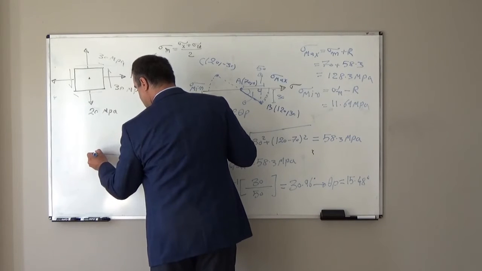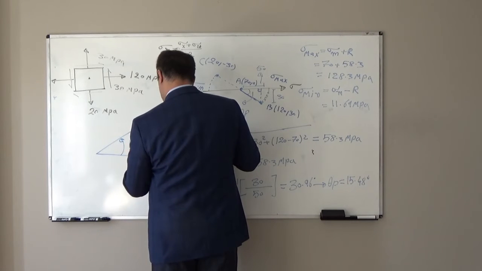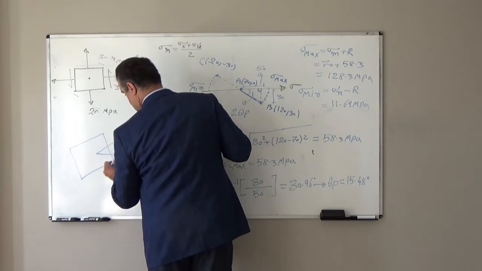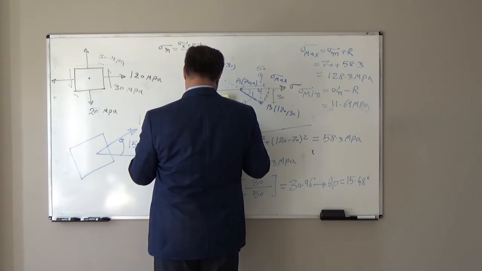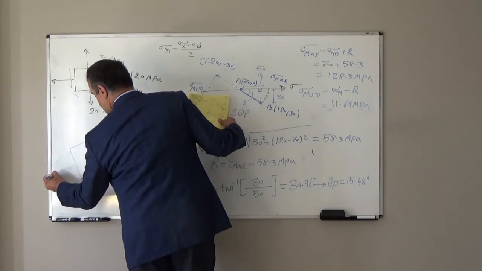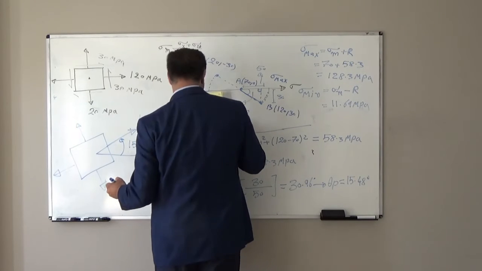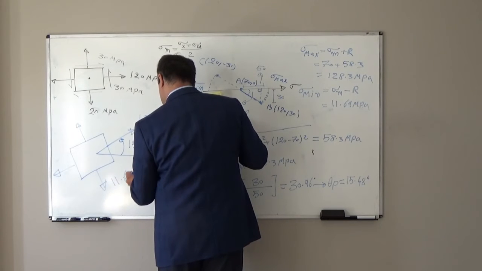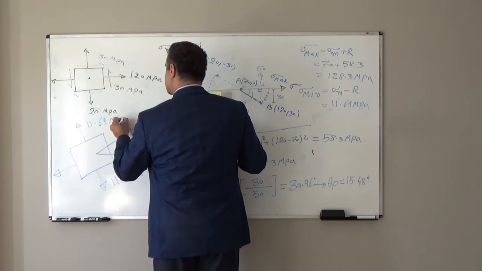If I rotate this element 15.48 degrees in this direction, you will have maximum normal stress 128.3 megapascal, and in this direction you will have minimum normal stress magnitude 11.69 megapascal.